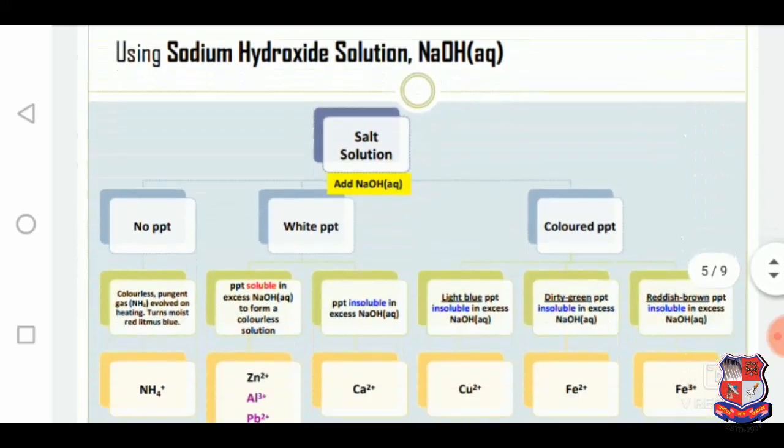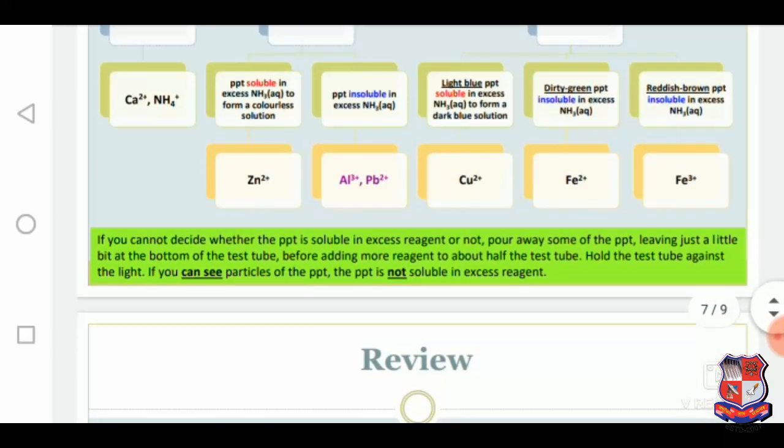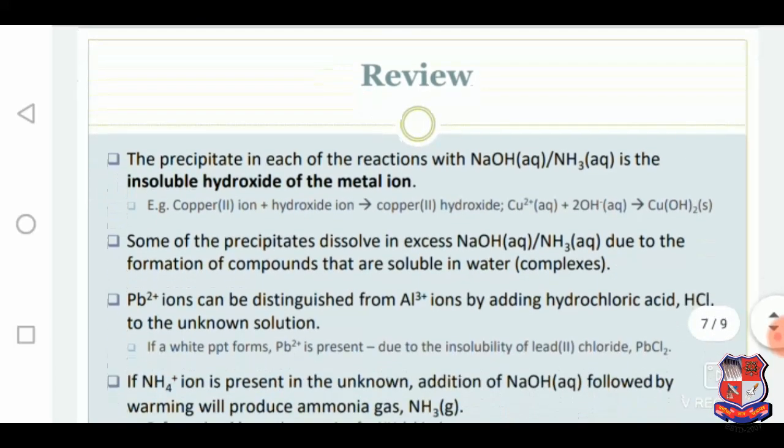So for that, it also has to be considered that if the students struggle with the excess reagent, then pour away some of the precipitate, leaving just a little bit at the bottom of the test tube.